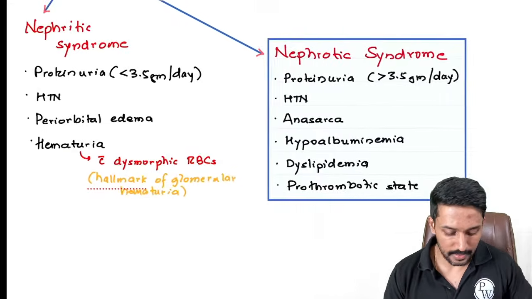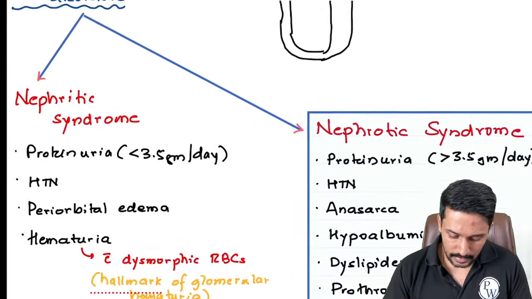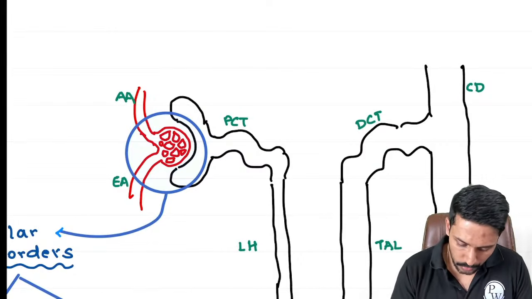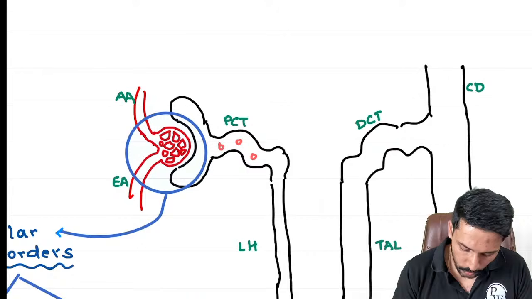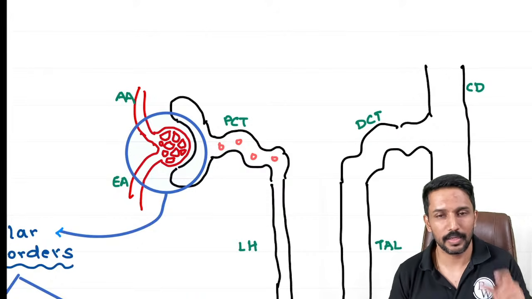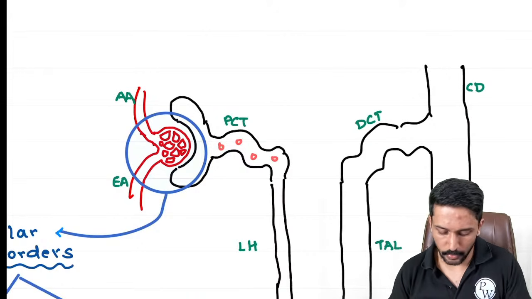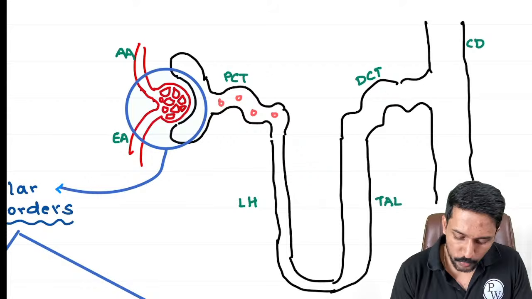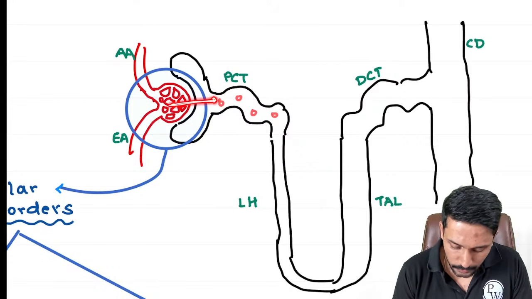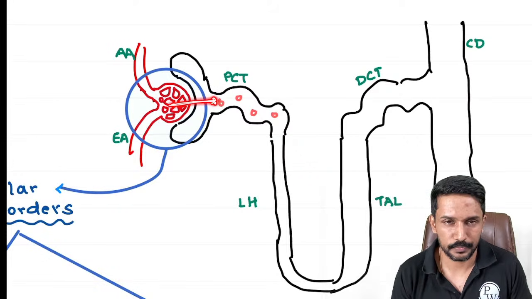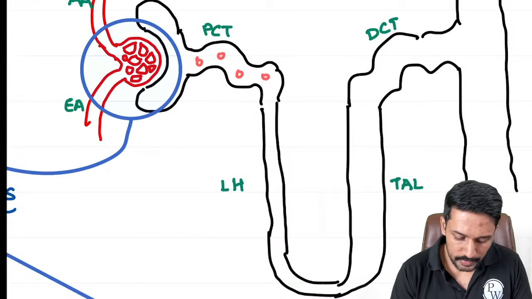What other findings do I get in a nephritic syndrome? These RBCs which are leaking out into the filtrate get impregnated. So normally, the Tamm-Horsfall protein that gets filtered into the filtrate sometimes forms an aggregate.